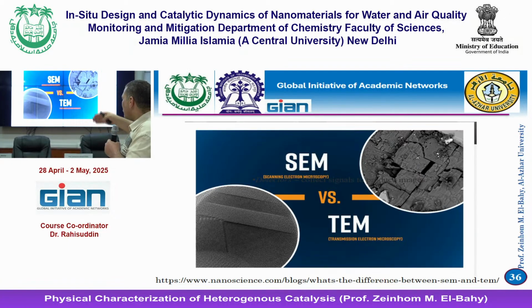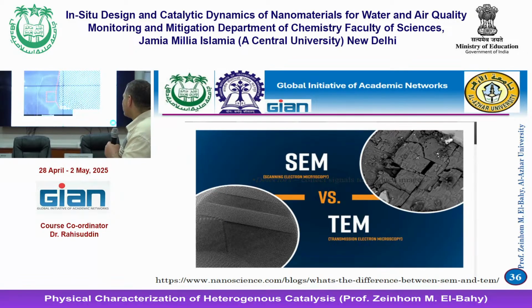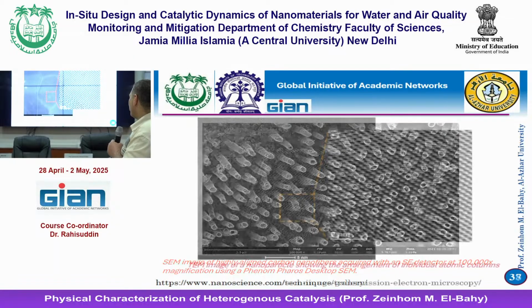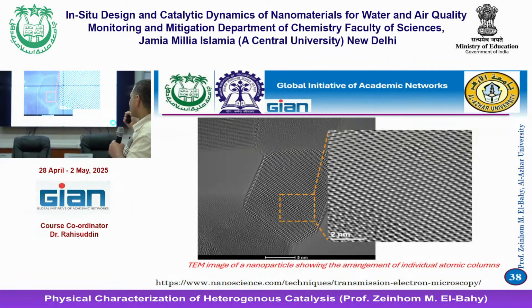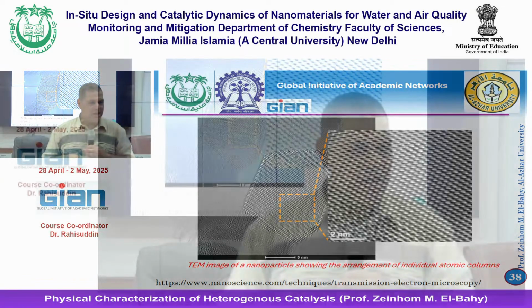It can detect the order and how the atoms are arranged on the surface. This is another example of an SEM image, and this is another example of a TEM image. Of course, you can see how the atoms are arranged and how beautiful the picture is. Now I think we have gone through TEM and SEM very quickly, and let's go to another technique if you don't mind.